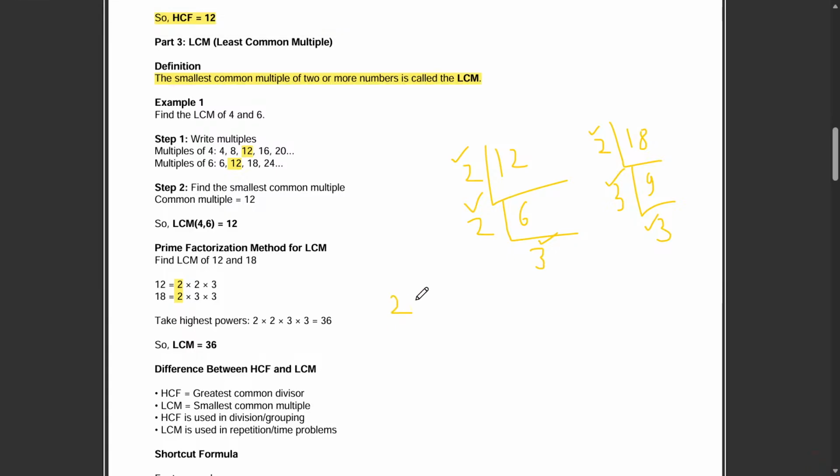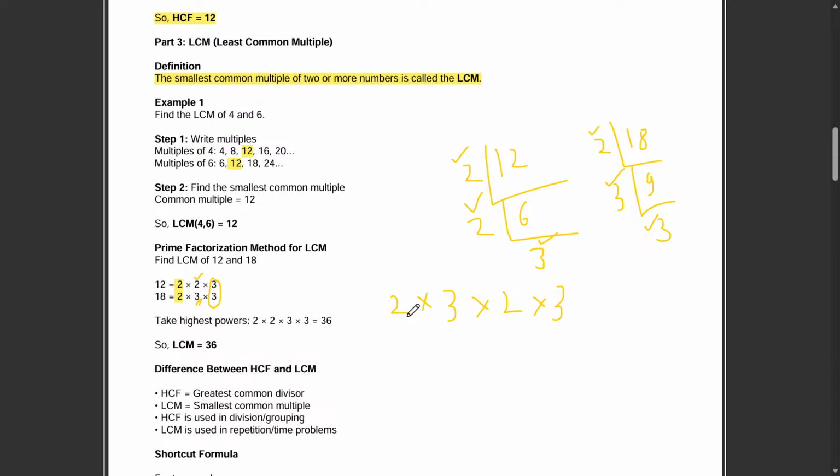Then we will take 3, because 3 is common. So we will take 2 once and 3 twice.